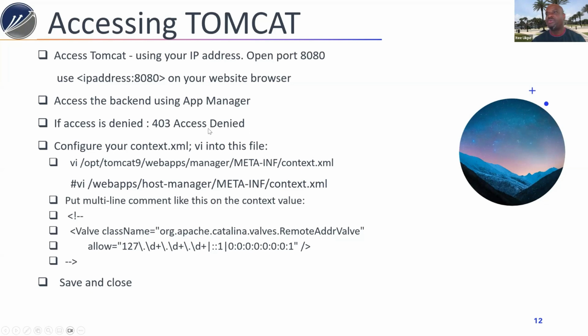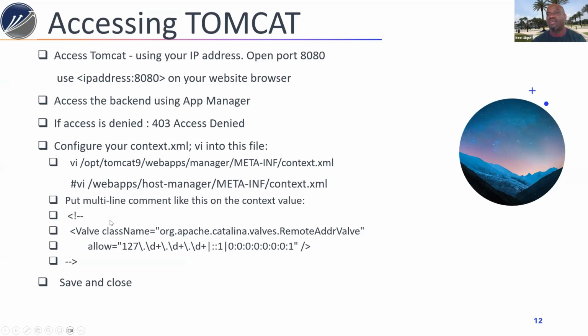For us to change this so we can access it, we have to do some configuration. The directive here is to configure your context.xml file, which is here. You go through this directory and you should get to your context.xml file.